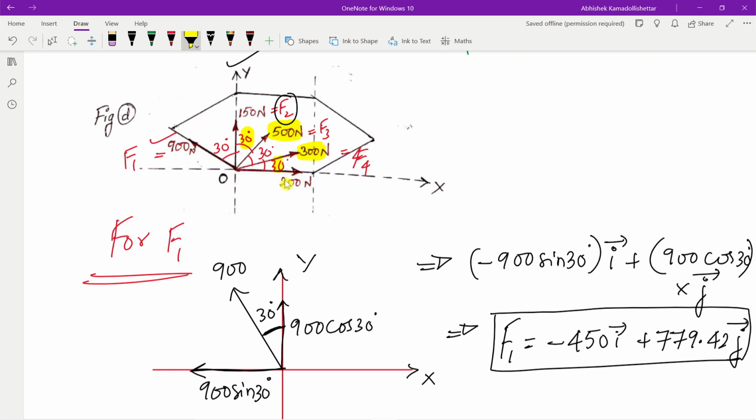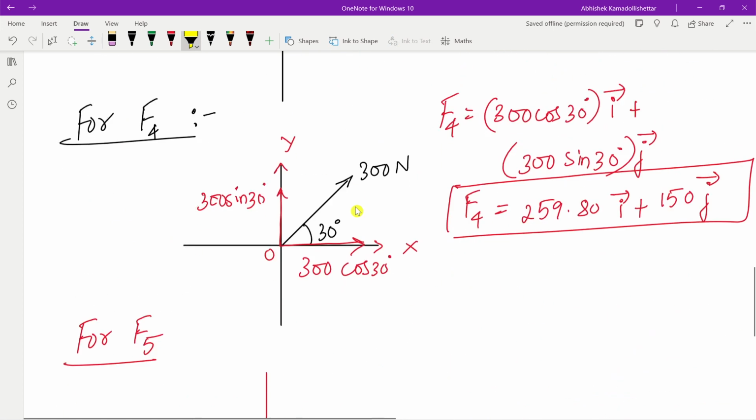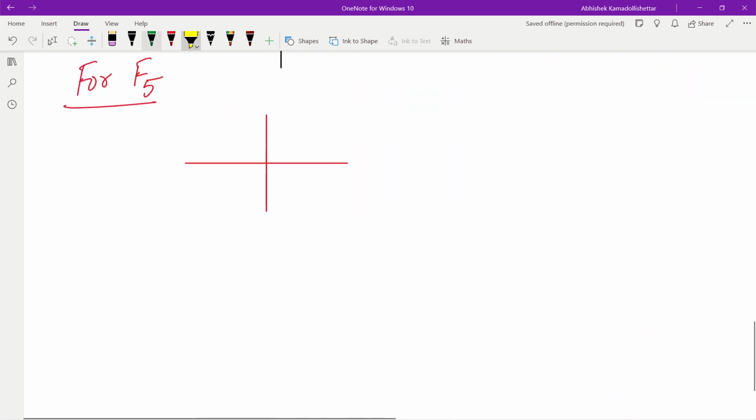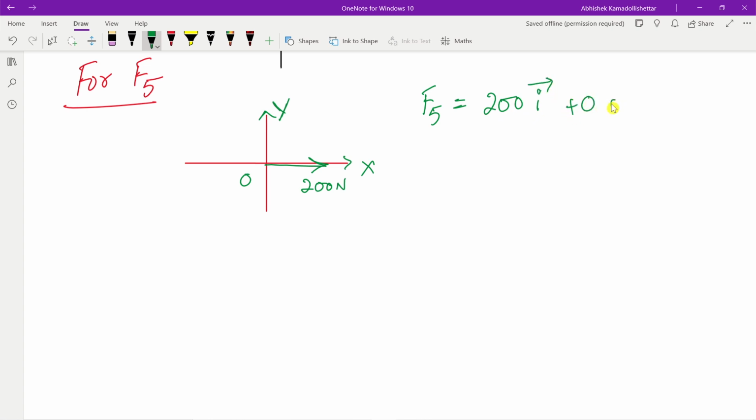The value of force here is along the x-axis, so that is directly 200 newtons, on the positive side. So 200 into vector i plus 0 into vector j, just for confirmation. So 200 into vector i. So this is the force F5.